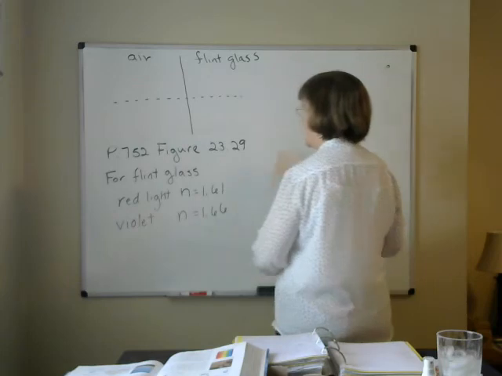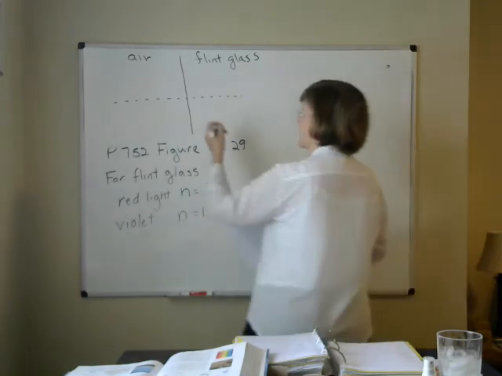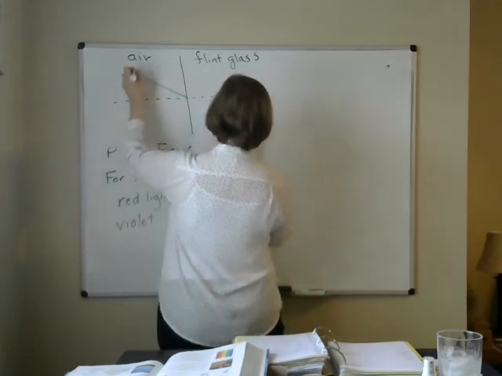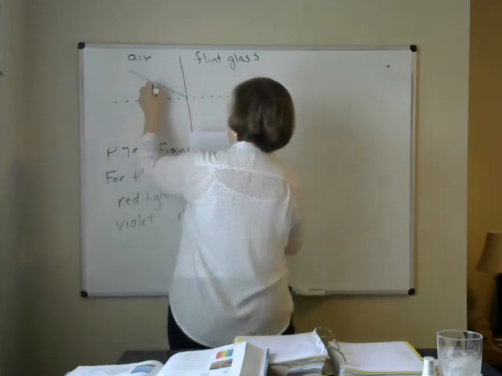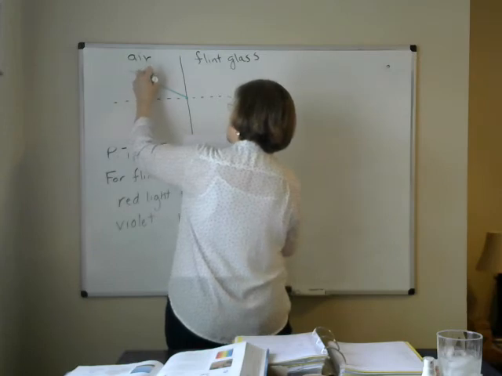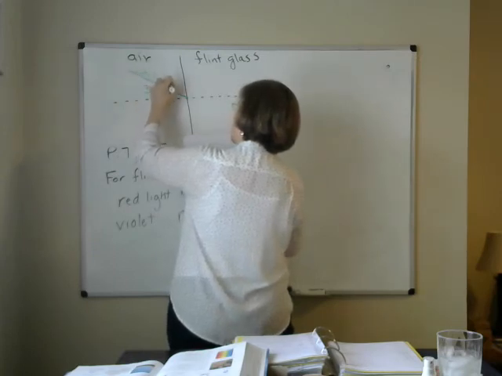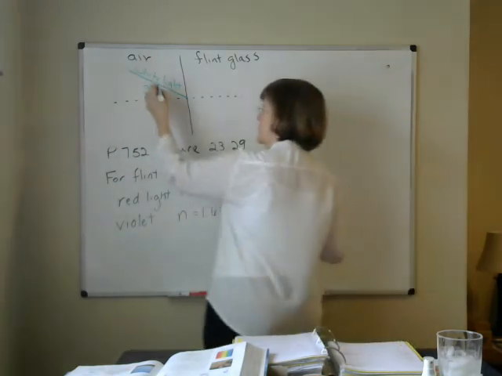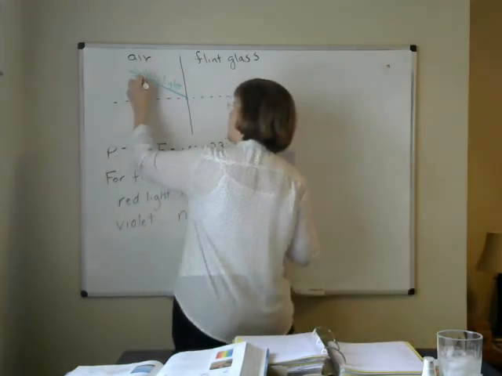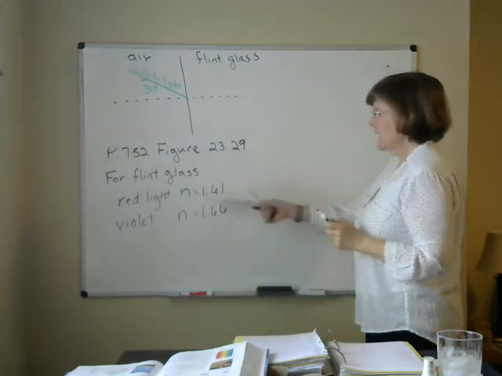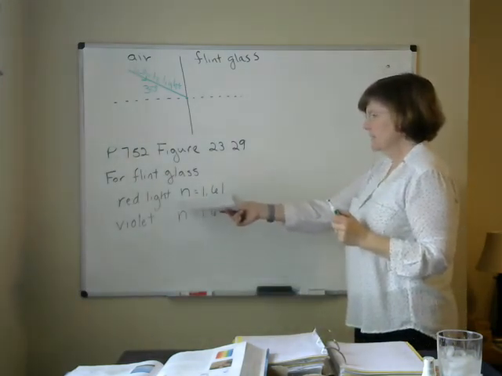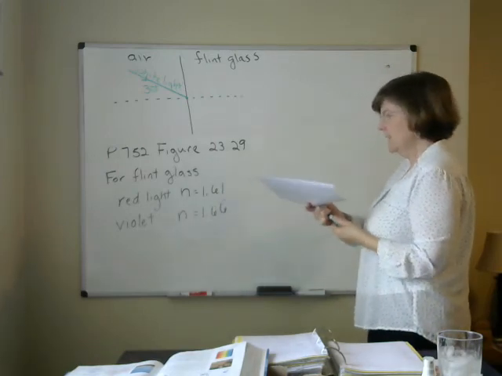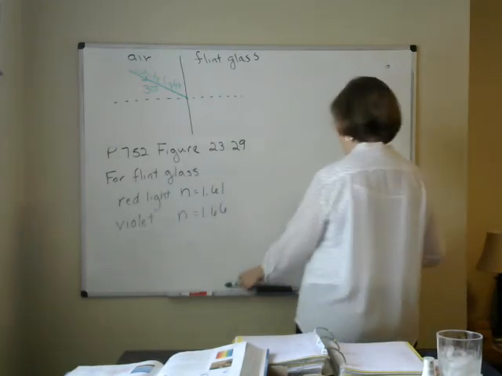So we'll let green represent white light just because. I'm going to let my green light come in at a 30-degree angle, but I'm going to say that this is white. White light contains all of the colors of the spectrum. So I'm sending white light in, and we're going to look at how the red part of that gets refracted and how the violet part of that gets refracted. And the other colors would be somewhere in the middle.